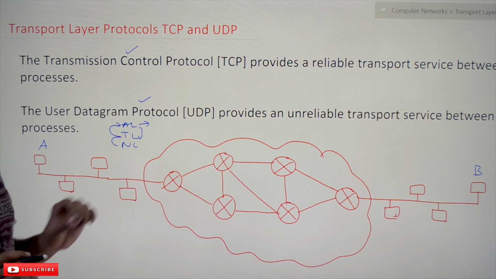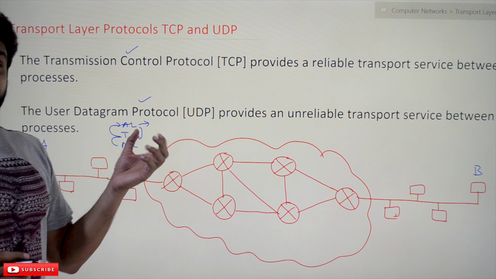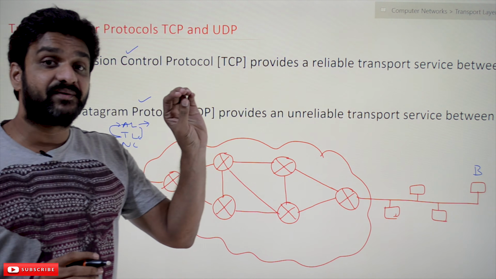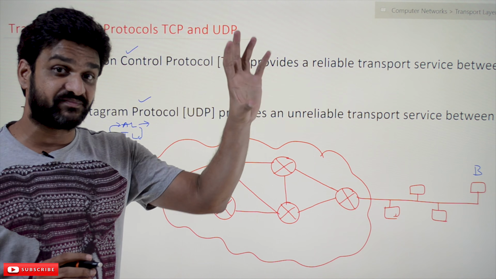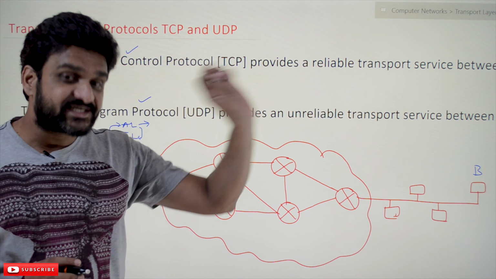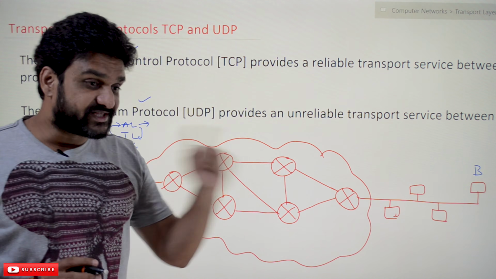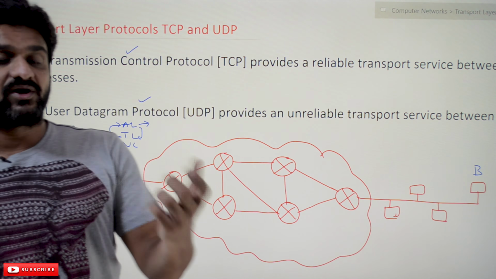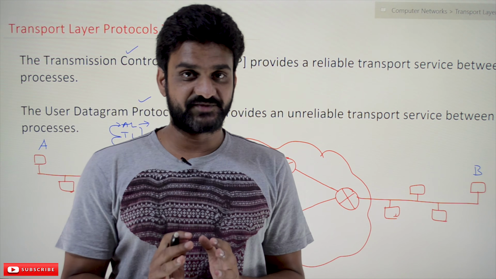So let's try to understand. For example, if we are using mailing services, the mail server, Gmail, Yahoo Mail, whether that communication should be reliable or not, try to understand this point.